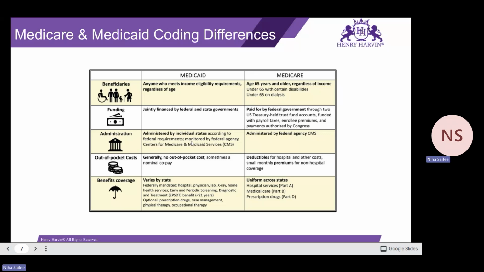Medicaid is administered by individual states according to federal requirements, monitored by the federal agency, Centers for Medicare and Medicaid Services.